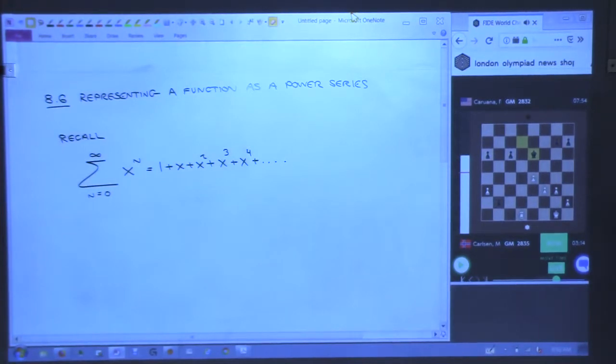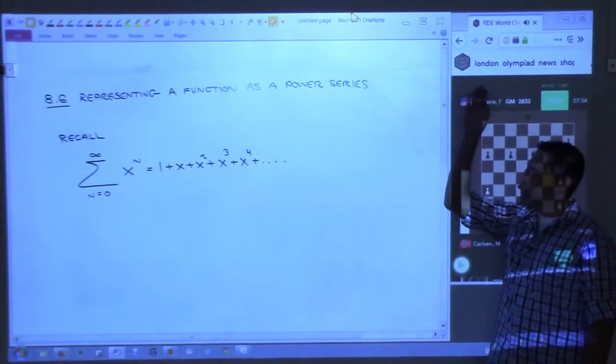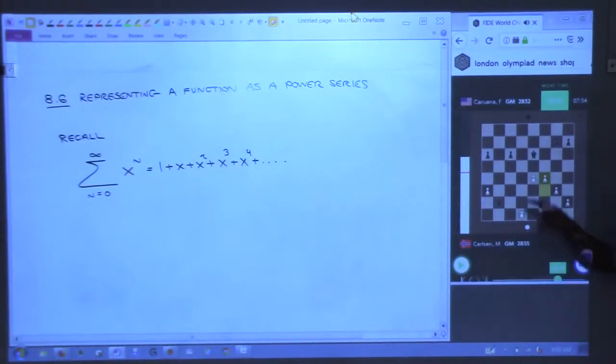Now, when does that converge? For what values of x does that converge?